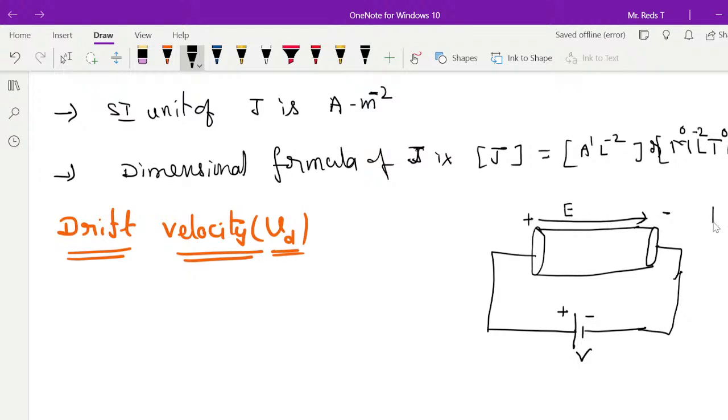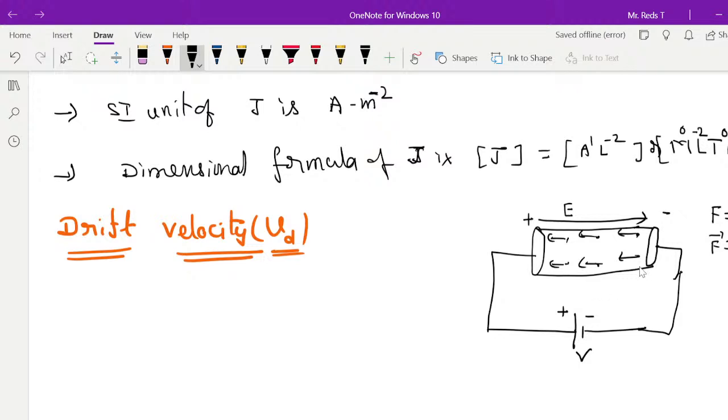Electric force, as we know, is F equal to Q into E. If the charge of the particle is minus e, then minus e into E will be the force acting on each charged particle. In vector form, the force is in the direction opposite to the electric field. As a result, the electrons move in this direction because of the external power supply or external agent.